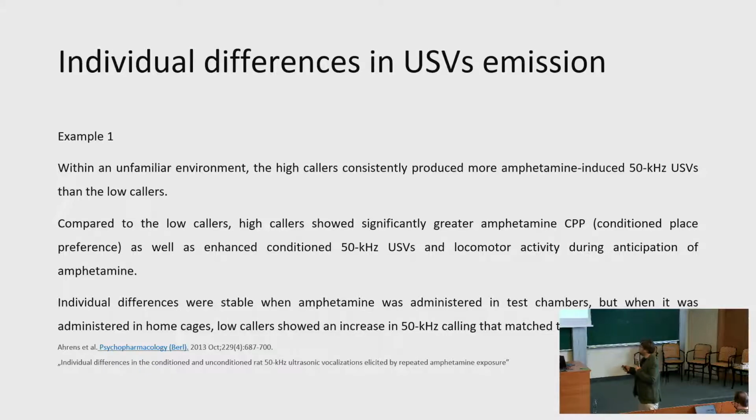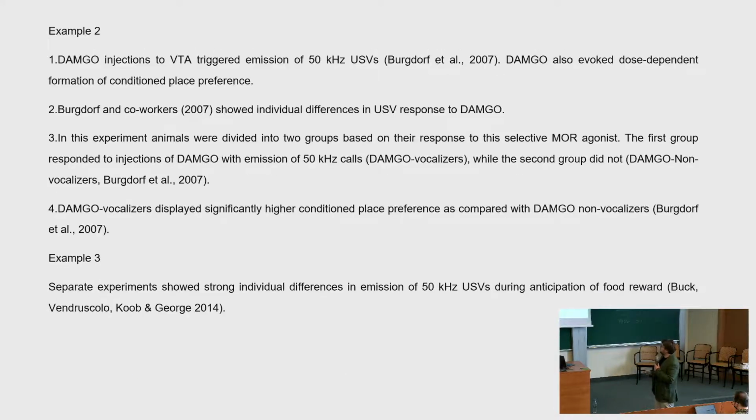after amphetamine injection. Another example is the DAMGO injection to the VTA. Burdorf et al. did the experiment where they injected DAMGO, an opioid agonist, to the VTA, and they also found differences between animals. And separate experiments showed strong individual differences in emission of 50 kilohertz during anticipation of food reward.